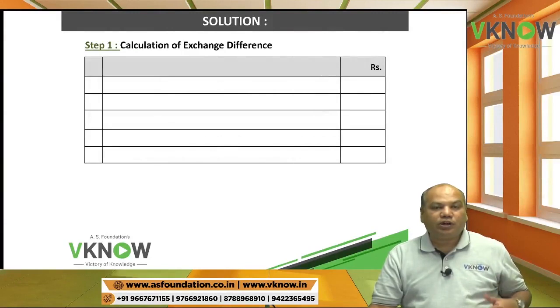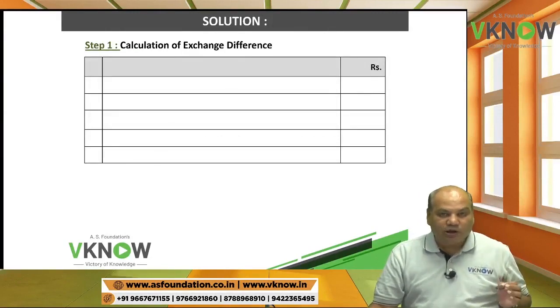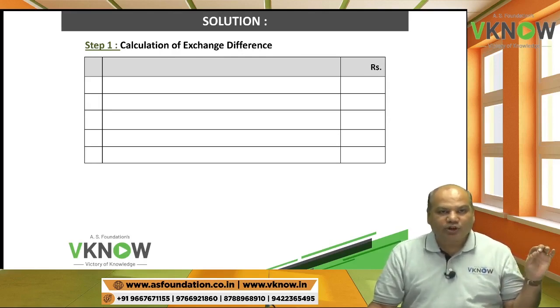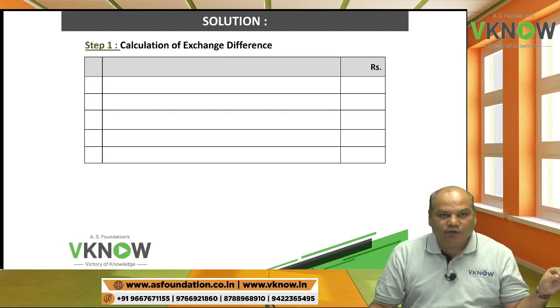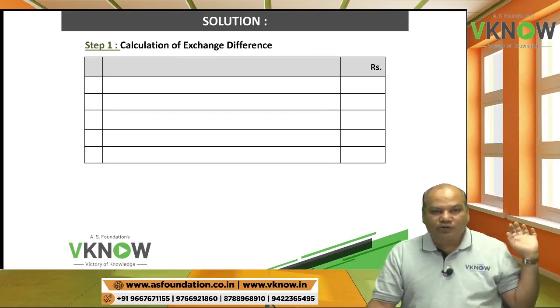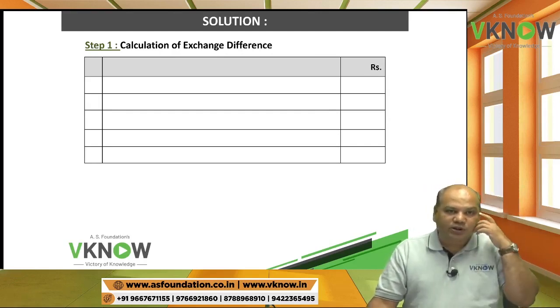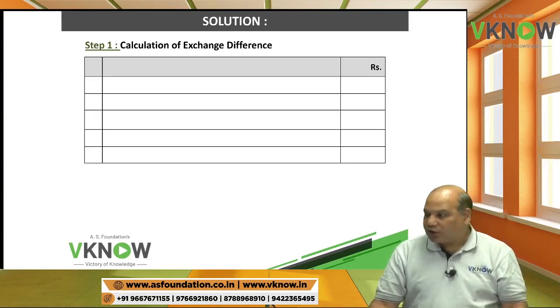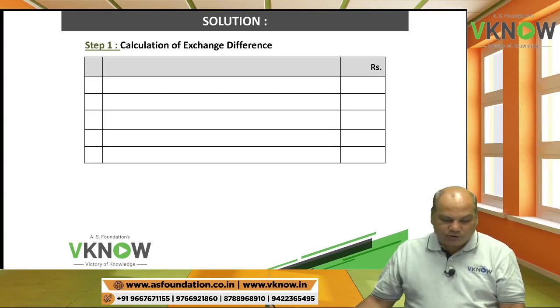This is the amount that will go to the balance sheet. But while preparing the cash flow statement, the unrealized gain will have to be reversed. So the cash flow statement bank balance will be different from the balance appearing in the balance sheet, and that difference will be presented in a reconciliation.